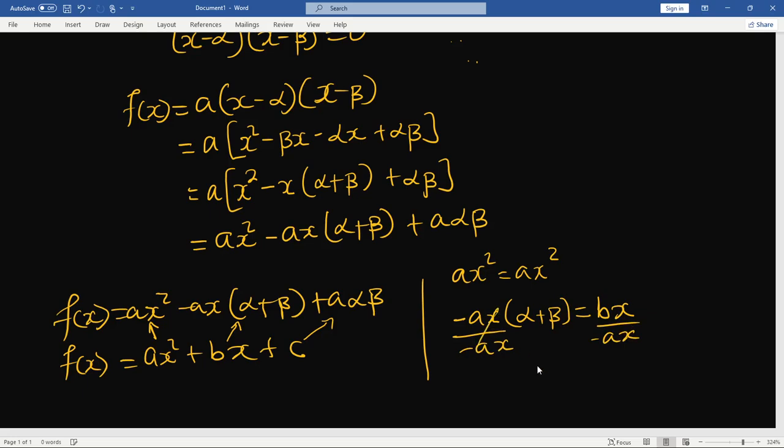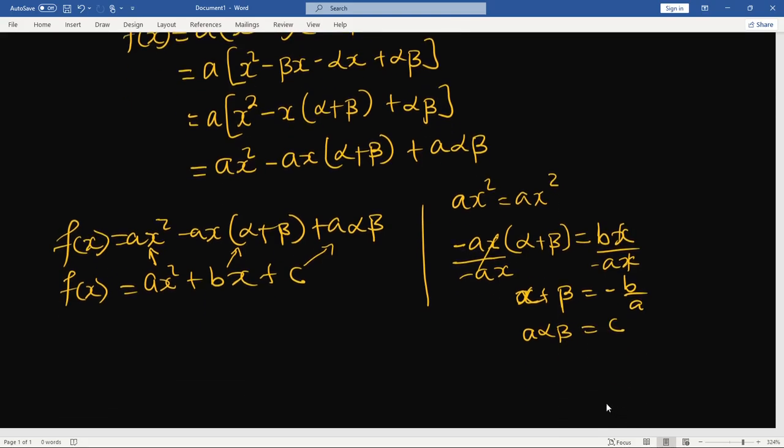So this side will cancel. We're left with α + β equal to, and x will cancel, negative b over a. Then we do the same thing. We have aαβ equal to the constant c.